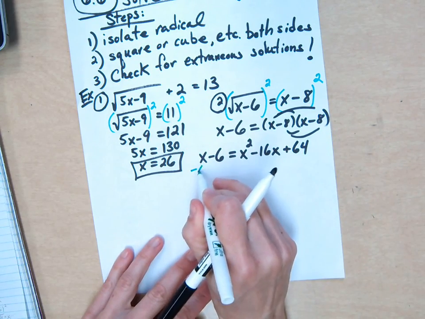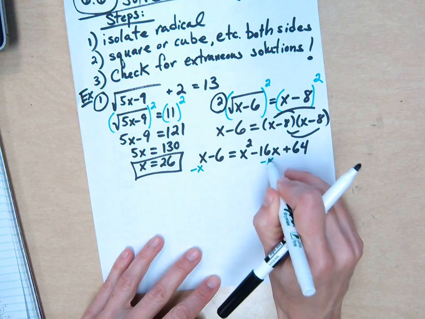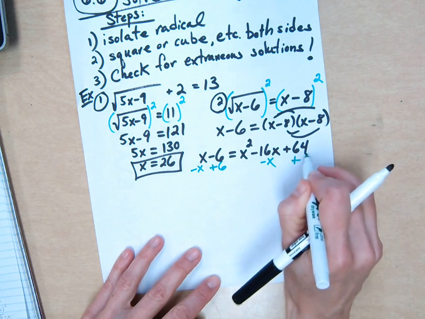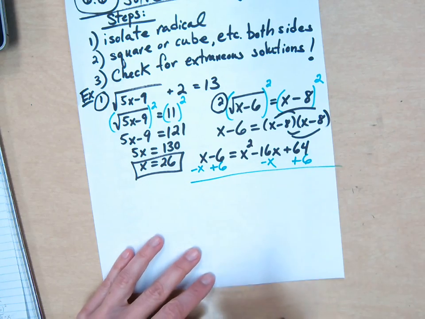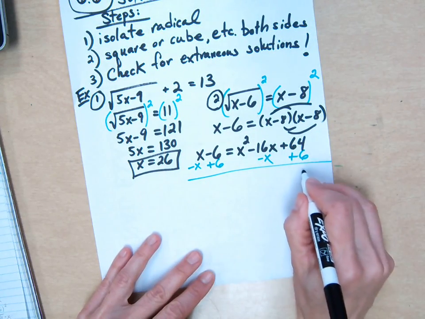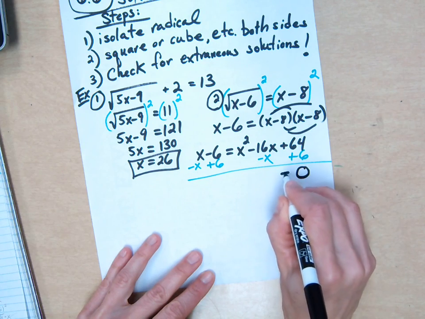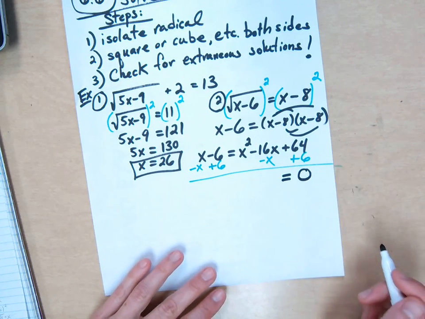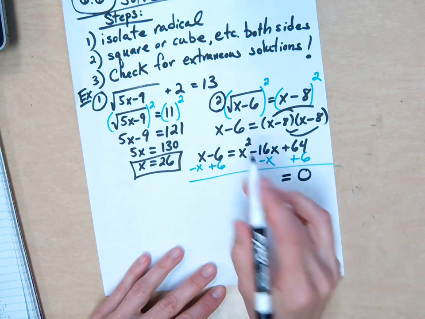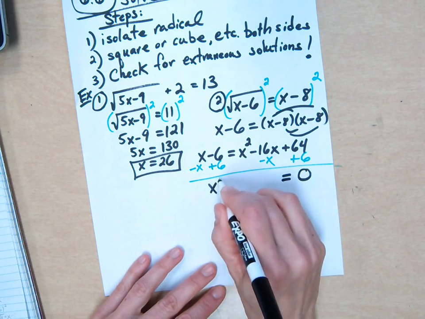Let's subtract x, and we'll add 6. We'll do the opposites of both of those. So we're left with 0 on one side. I'm going to put it over here though, because usually it's easier if the 0 is on the other side.